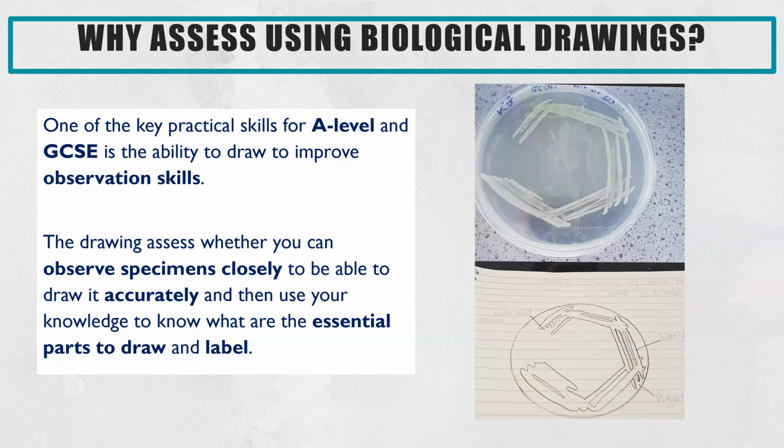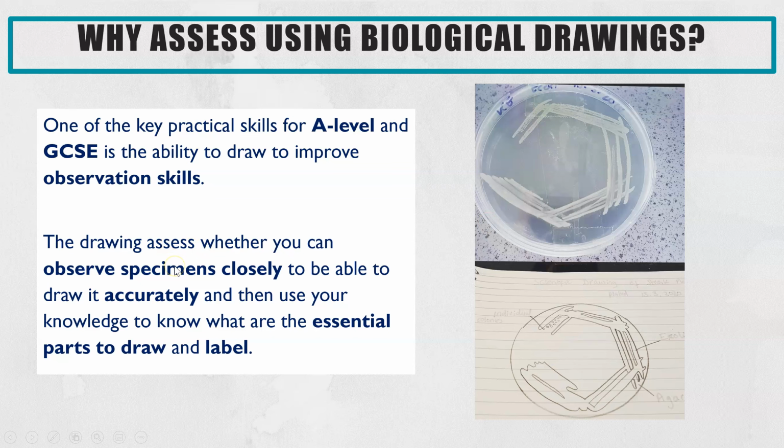Now, for some experiments, you might be recording data which is numerical, but in other experiments, like we can see here, growing bacteria in a petri dish, the observation is more visual, and the best way to record those observations is with a diagram.